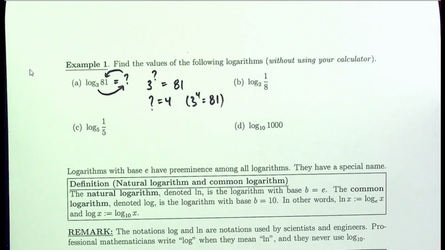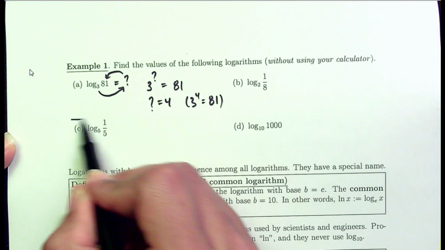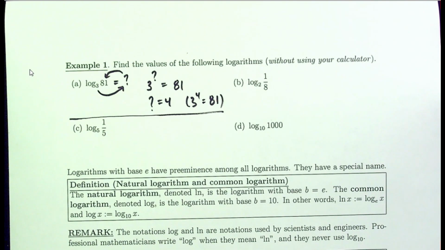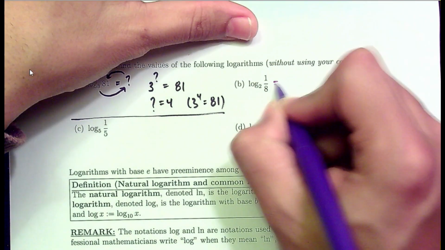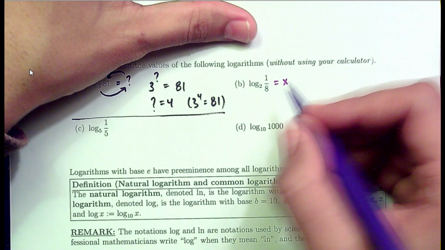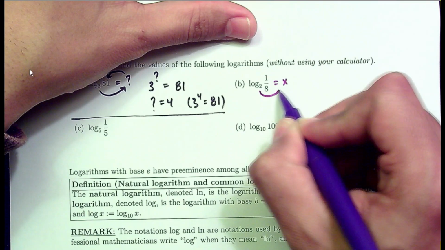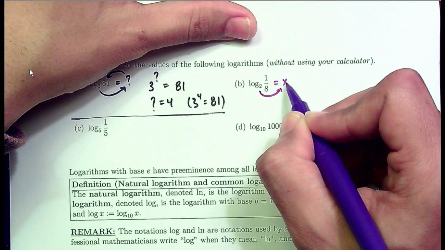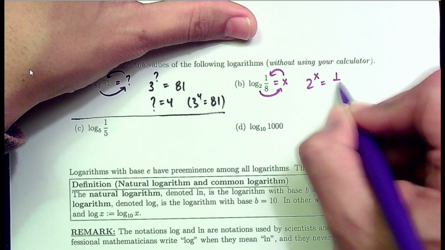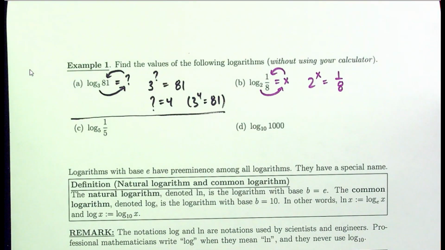Okay, now let's do this one. What is this? I'm going to call it x. So according to the diagram, 2 to the x equals 1/8. So we have to think, what number should I put in there to get 1/8?